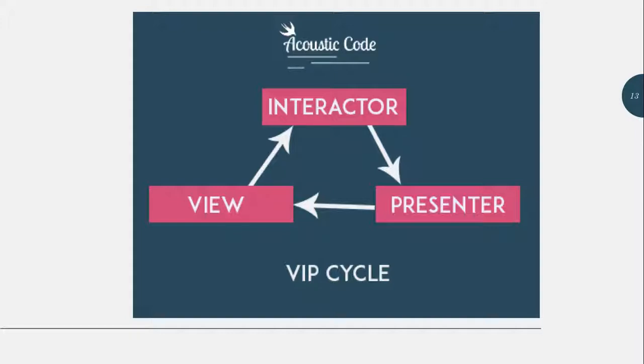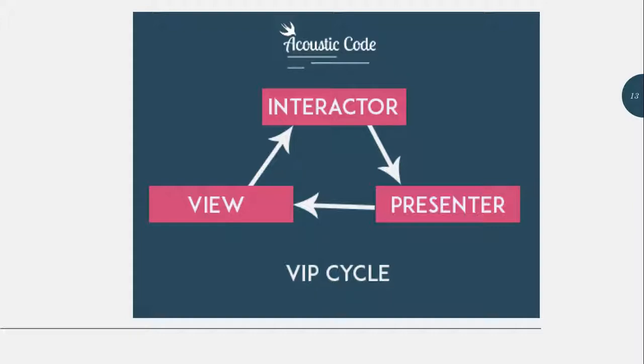So, this is the VIP cycle. It's a cycle for Viper. So we have view, we have interactor, we have presenter. Let's say on load I have to display 4 photos. Those photos will be coming from the server. How am I going to perform this?